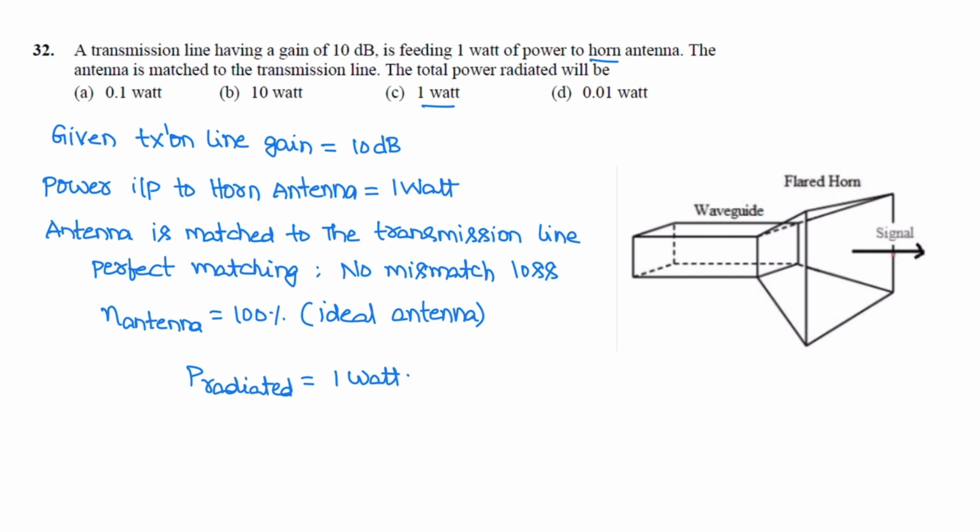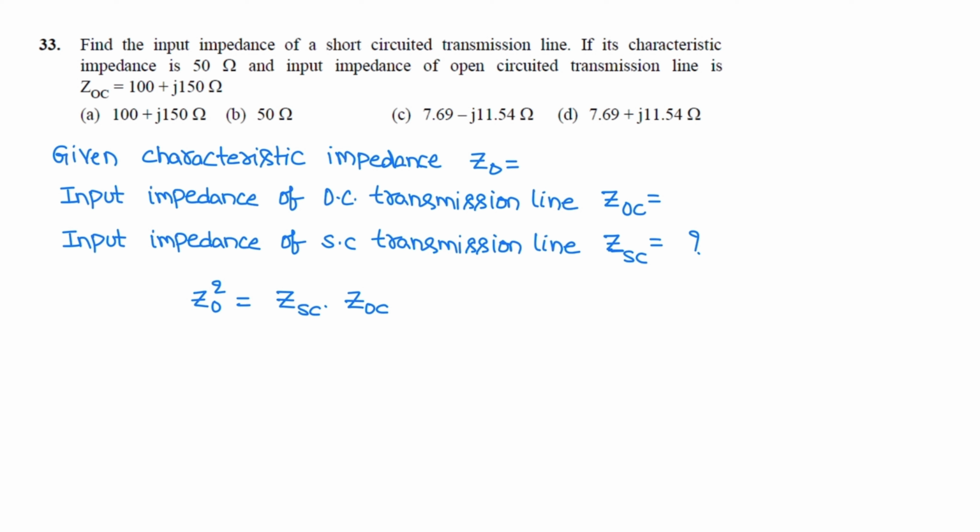Next question. Given characteristic impedance for a transmission line is 50 ohm, and the input impedance of the open circuited transmission line ZOC is 100 plus J 150 ohm, and in the question they ask to calculate the input impedance of the short circuited transmission line. We know the relation: square of characteristic impedance is equal to the product of input impedance of the open circuit transmission line and input impedance of the short circuit transmission line.